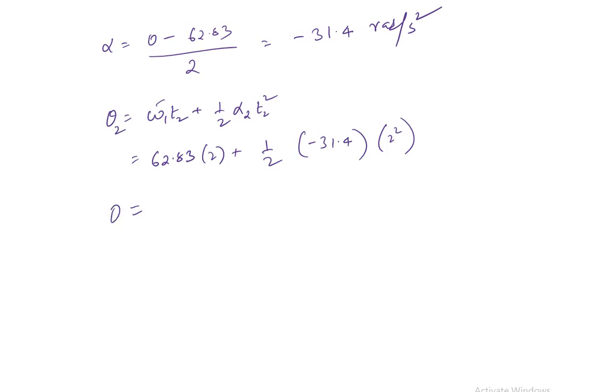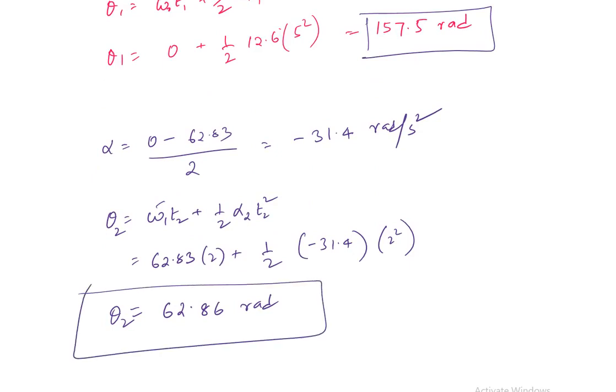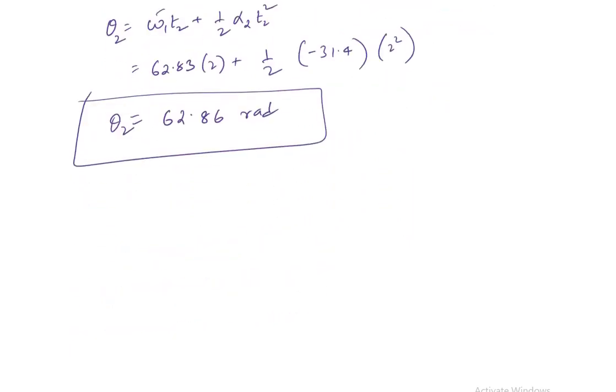Theta 2 is 62.86 radians. All we need to do now is take this number and add them up.